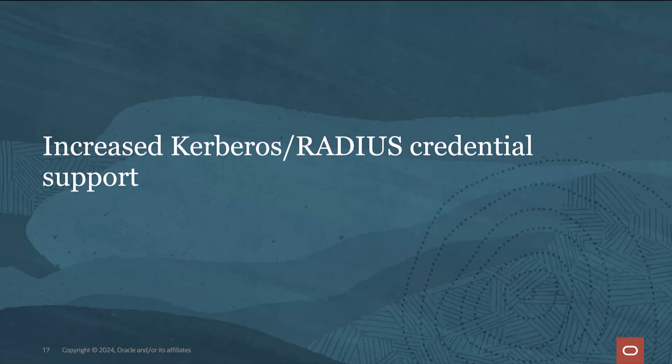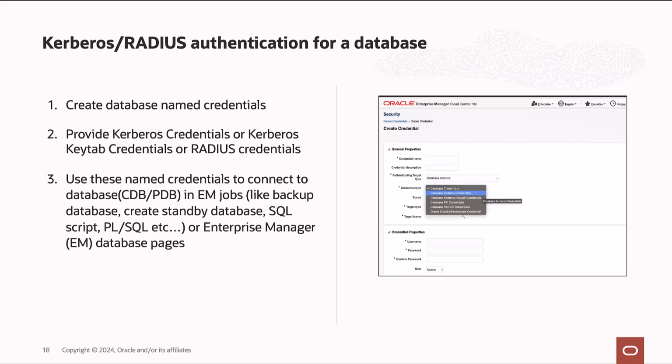Now, let's talk about Kerberos and Radius authentication method support in Enterprise Manager. Kerberos and Radius are two commonly used protocols for database authentications. Kerberos is a network authentication protocol that uses symmetric key cryptography to provide secure authentication for network services, including database access.